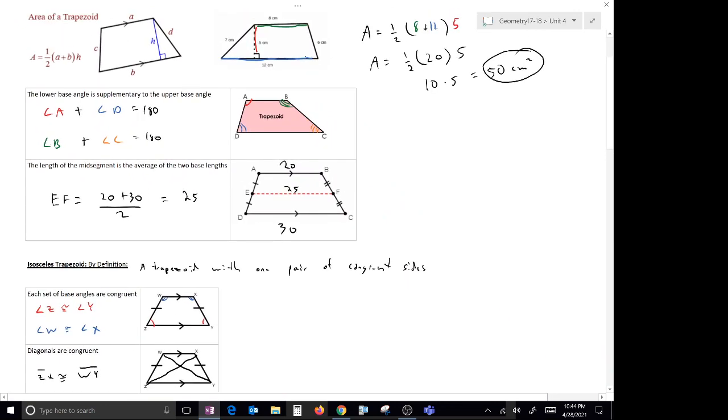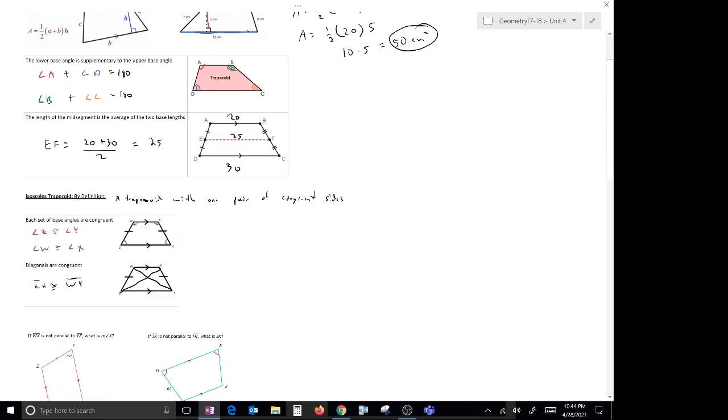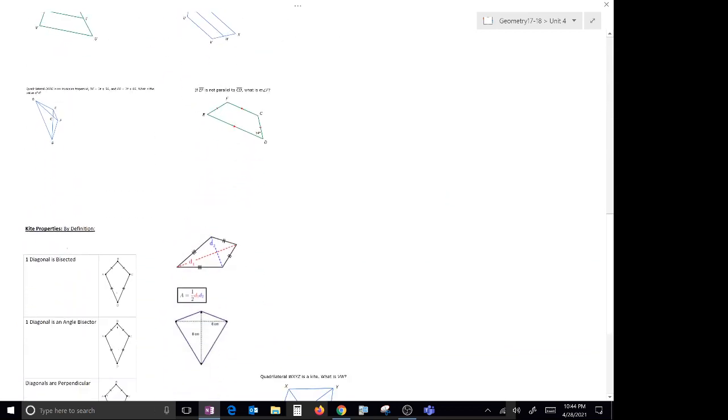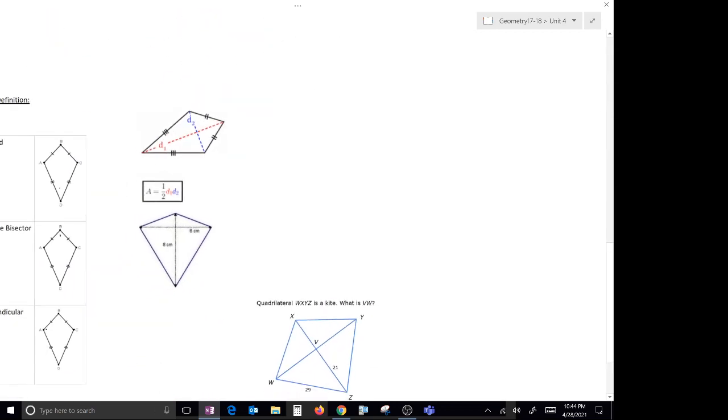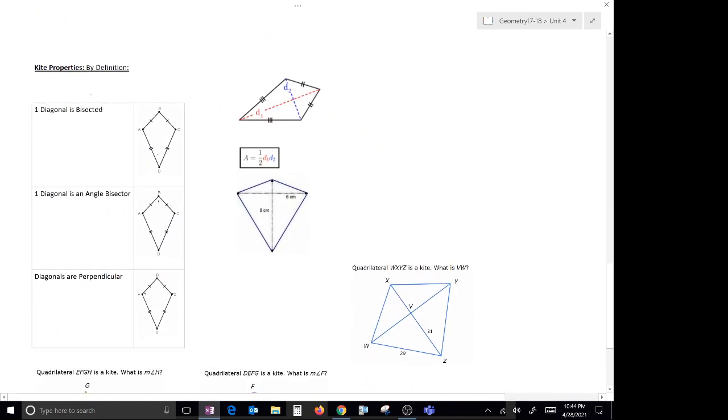We have one more quadrilateral to talk about, and that is kites. A kite is pretty familiar by its shape, but its actual formal definition is a quadrilateral with two pairs of congruent consecutive sides.